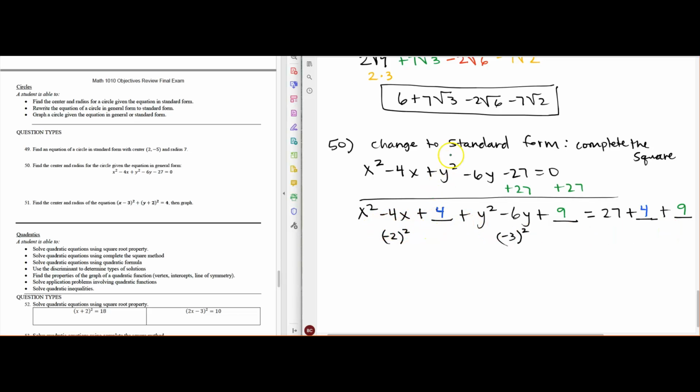When I factor this, it's going to factor to be x minus 2 times x minus 2, so I'll have x minus 2 all squared, plus y minus 3 times y minus 3, so y minus 3 all squared. And then if I add all of those together, the 27 plus 4 plus 9 is going to give me 40.